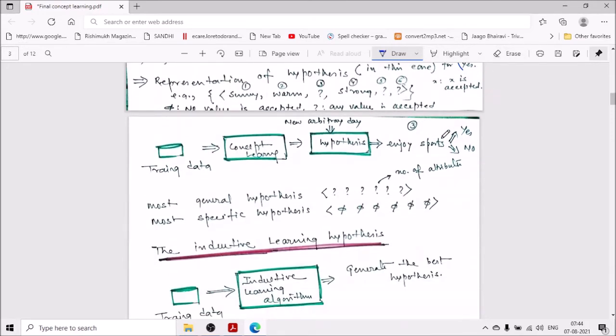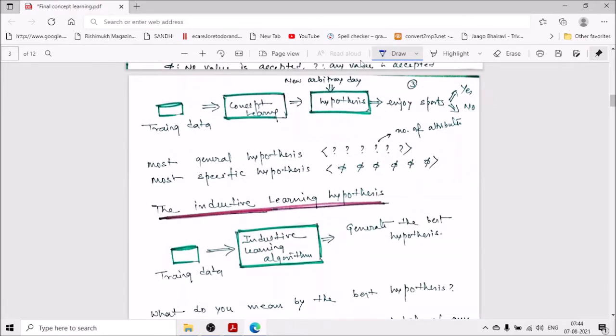Okay, a little bit of recap. We have training data. We may apply concept learning, and from that concept learning we can identify the best hypothesis. This is training the hypothesis, training the machine.